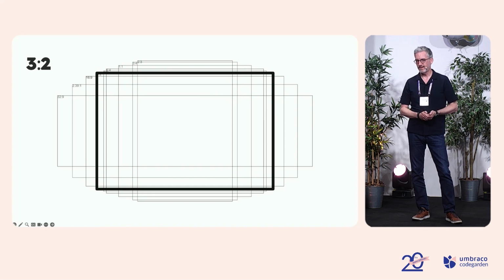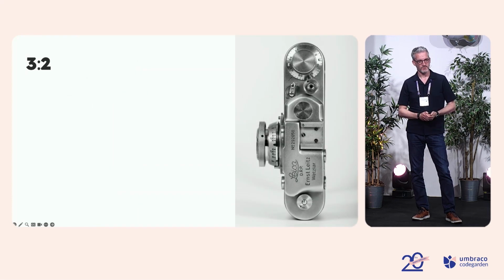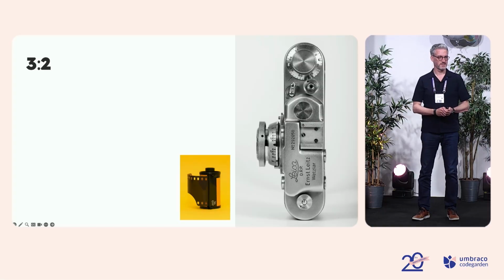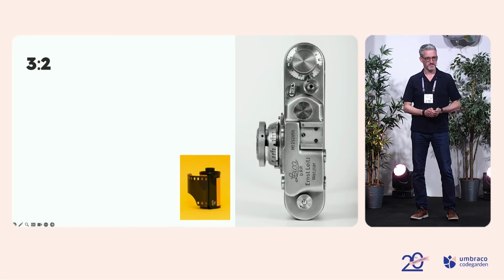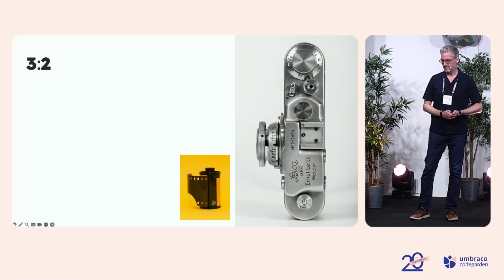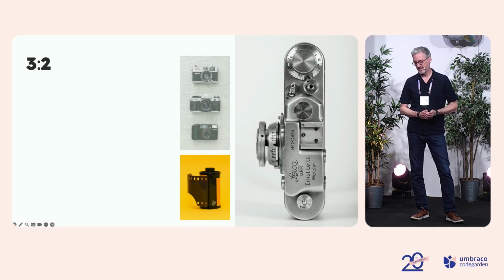3:2. 100 years ago now, 1925, Leica created the first 35mm film camera, and that had these little cassettes that many people will recognize and are still manufactured today because it's become very hipster and cool again. And a whole series of cameras have been made over the years that have used that film shape.